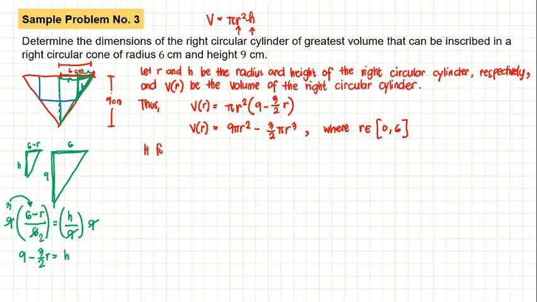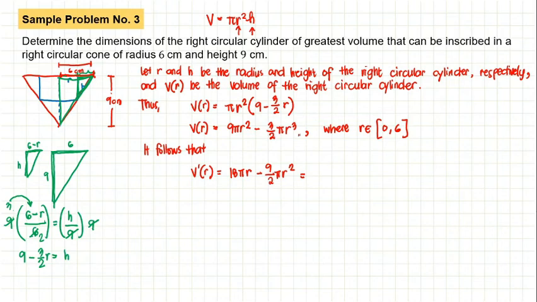It follows that V prime of r is equal to, differentiate 9 pi r squared with respect to r. So that will become 18 pi r. Okay. And we have minus, this one is 9 over 2 pi r squared. Right? Or we can factor this.